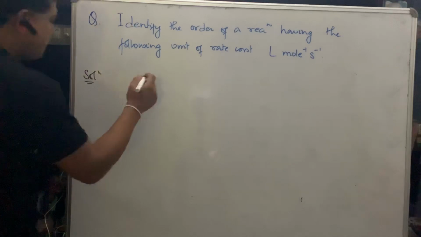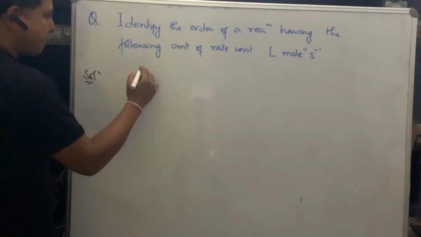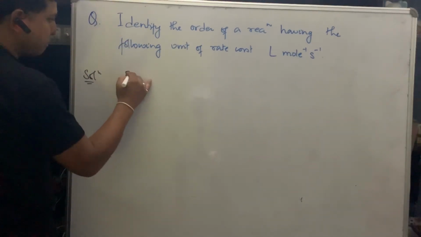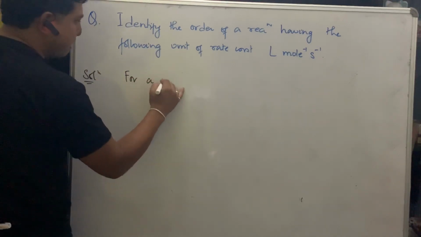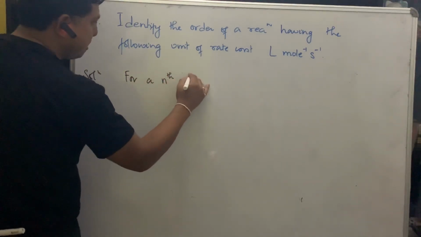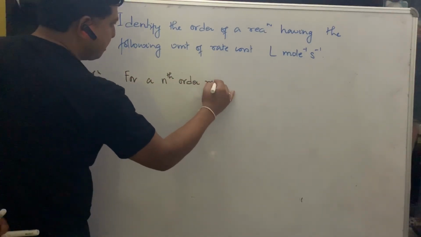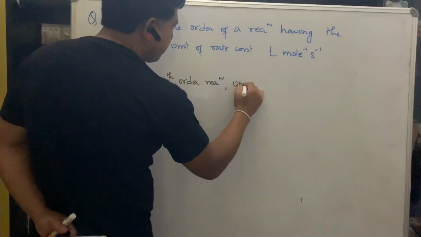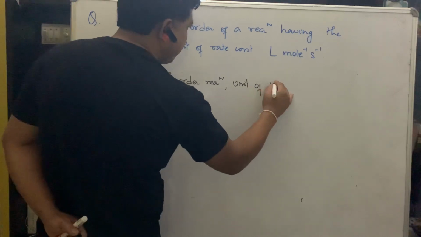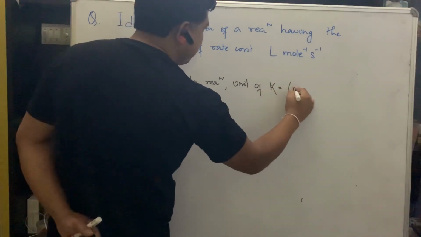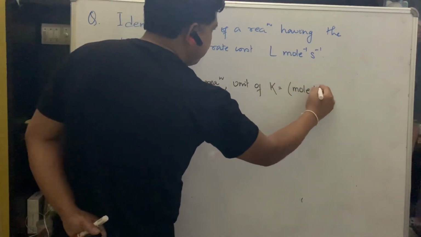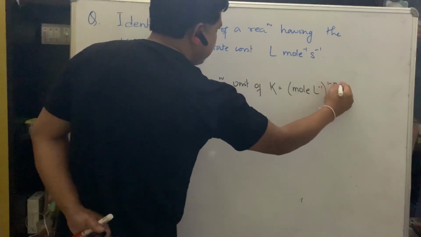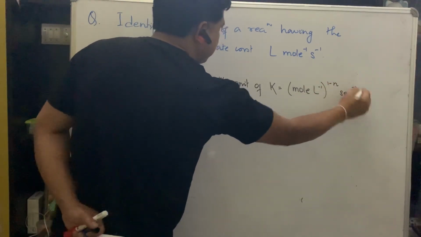So what is the unit of K for an nth order reaction? For an nth order reaction, we know the unit of K will be equal to mole per liter to the power 1 minus n, second inverse.